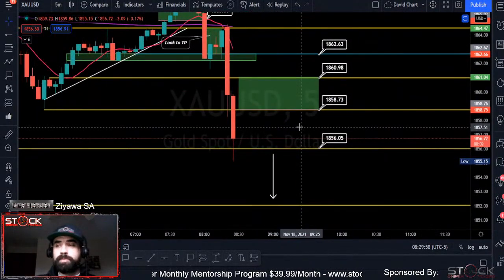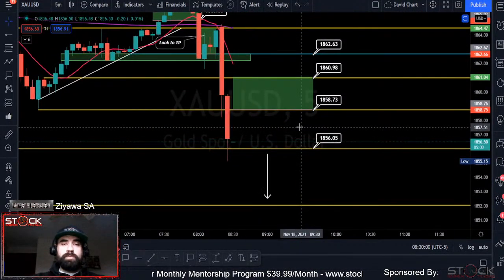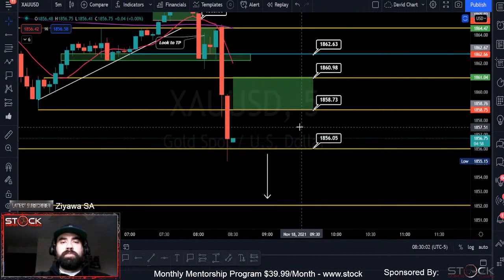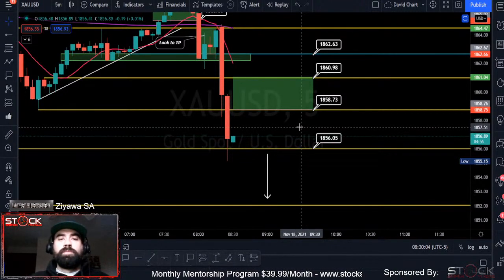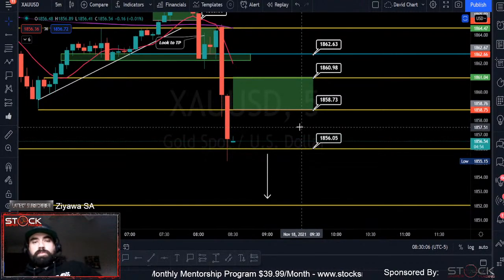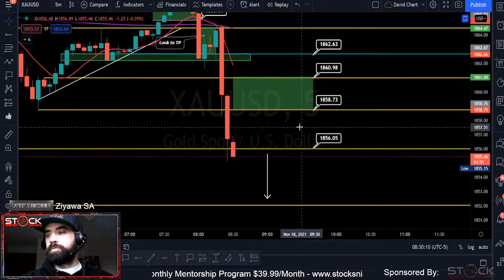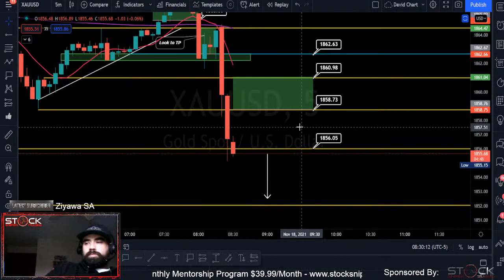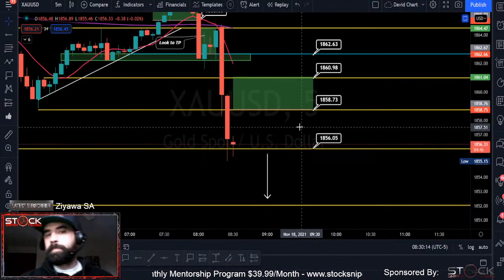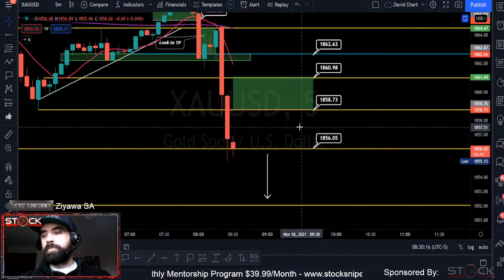This is news. See the indecision right now at that 1856 mark? Very key area, very key time to trade.